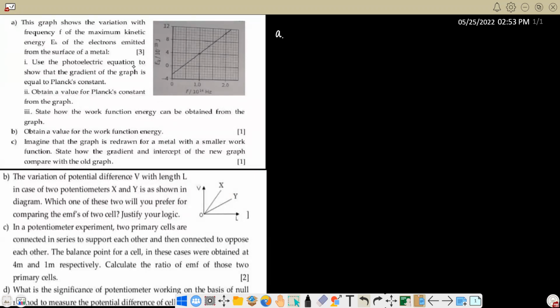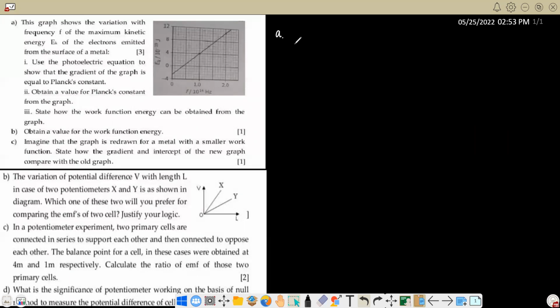Use the photoelectric equation to show the gradient of the graph is equal to Planck's constant. Gradient means rise by run. So we have to show the gradient is constant for that one.